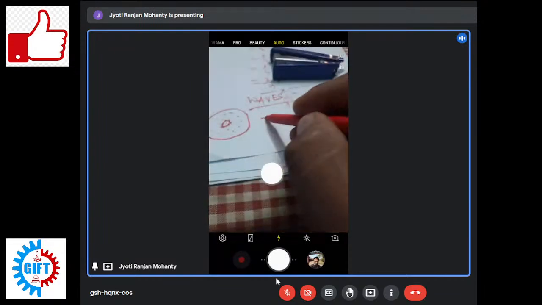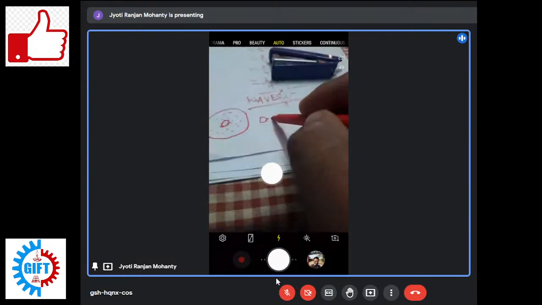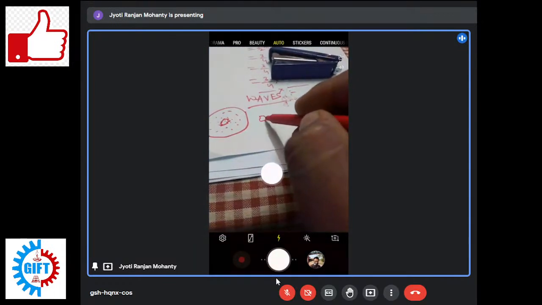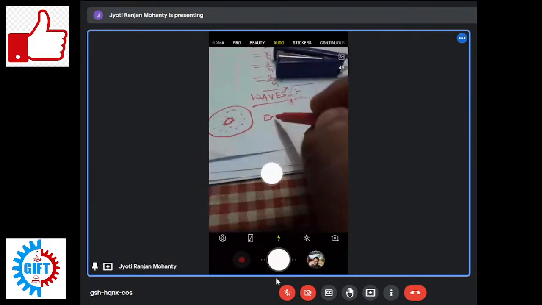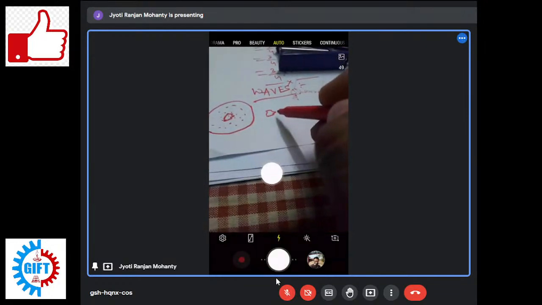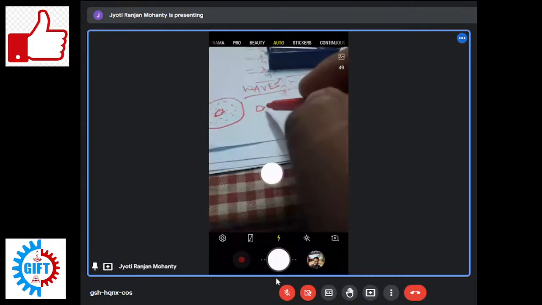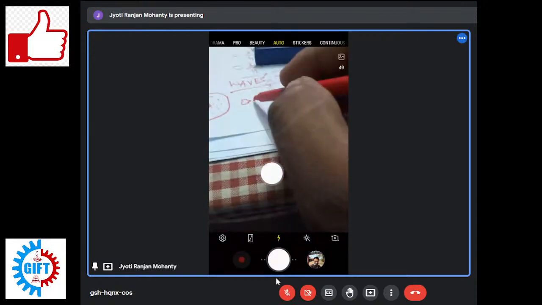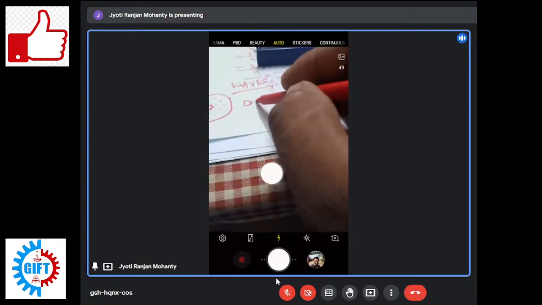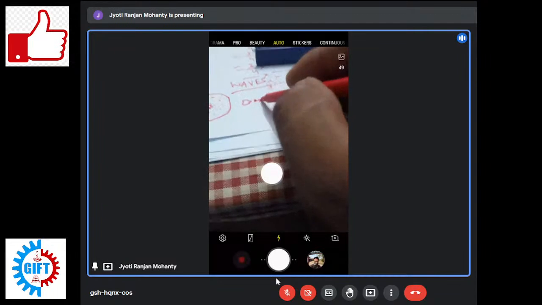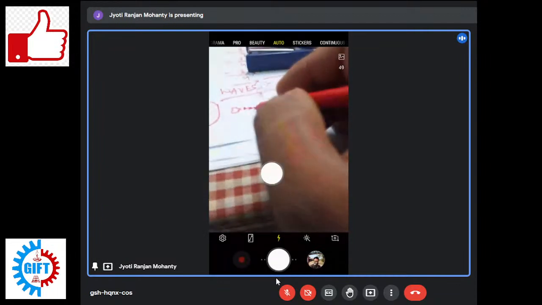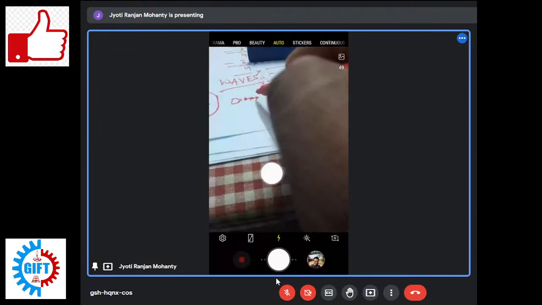Suppose the stone touches this particle. When the stone touches this particle, this particle will be disturbed, and this particle will disturb the next particle, and that will disturb the next particle. So like this.